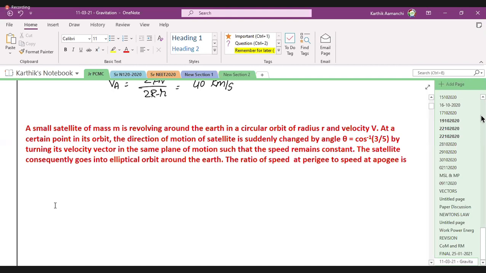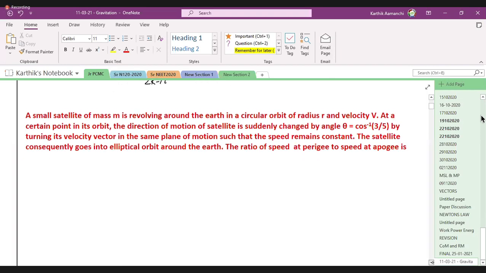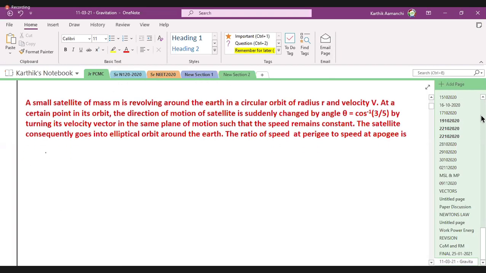It has a ratio of speed over energy. So whenever these kind of questions are given, use conservation of angular momentum and conservation of energy.